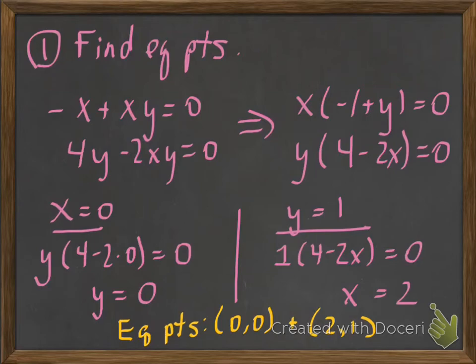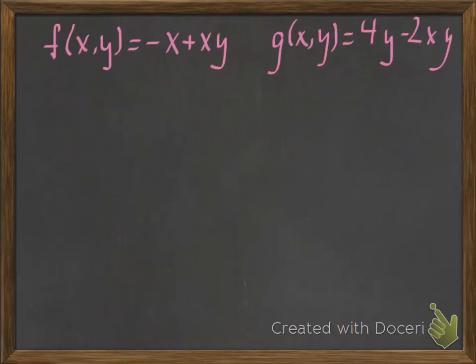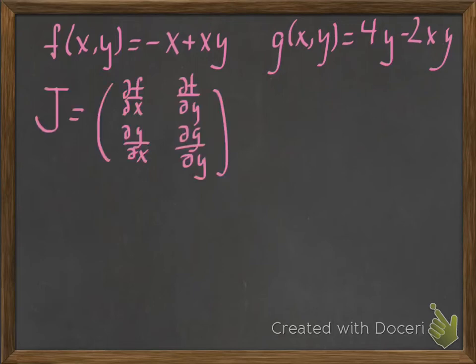So now, what am I going to do? I'm going to linearize my system at both of those two points and see what the local picture looks like. So remember our functions f and g in the notation that we started the video with. f is negative x plus xy, g is 4y minus 2xy. My Jacobian matrix is df/dx, df/dy, dg/dx, dg/dy.